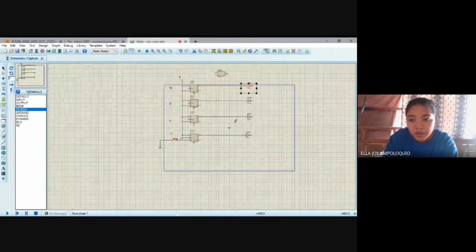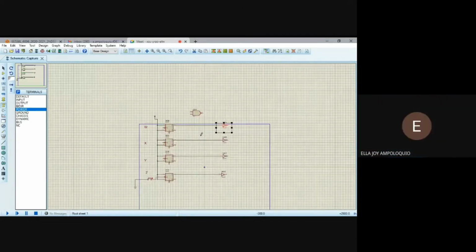After connecting this, now I will connect the AND gate.